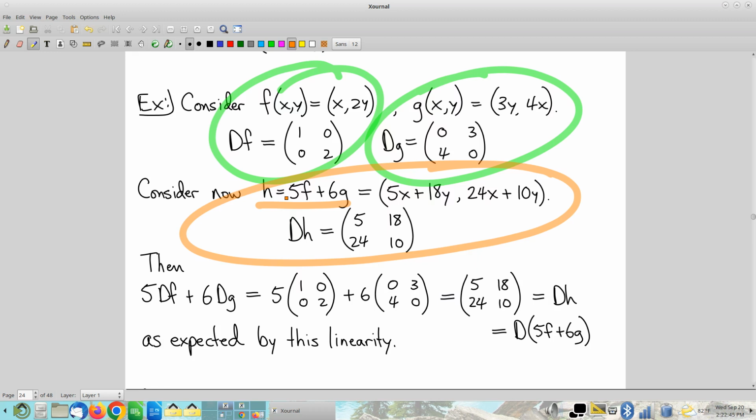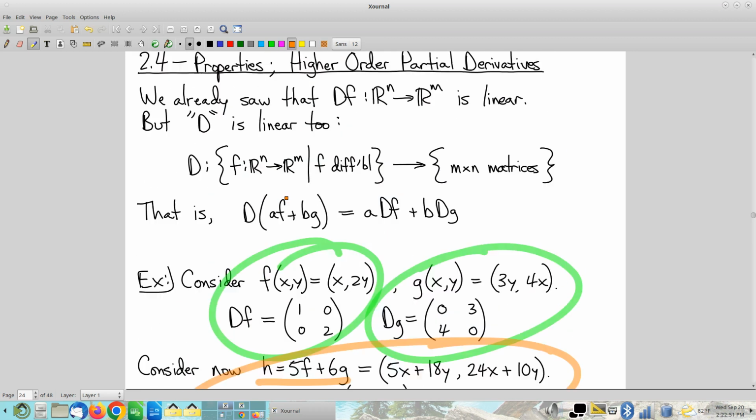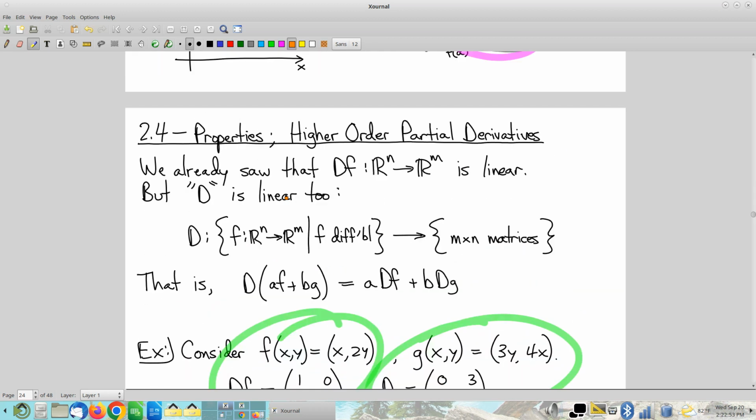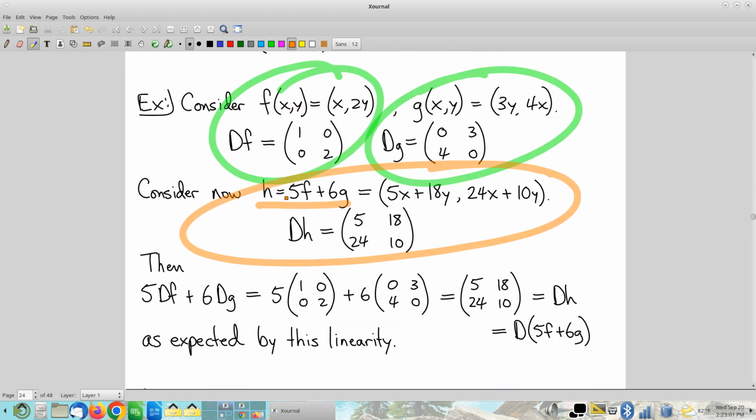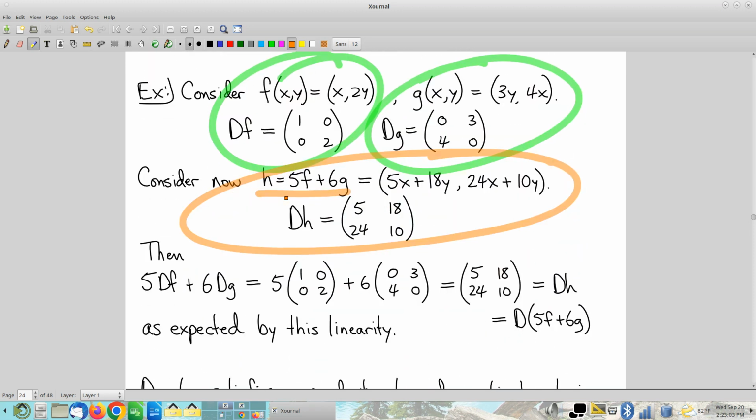Where are you getting the 5f plus 6g from? I made it up. So this is just an arbitrary linear combination. Just keep in mind, linearity requires that this works for every value of a and b, and for every function f and every function g. So I just made up an example.